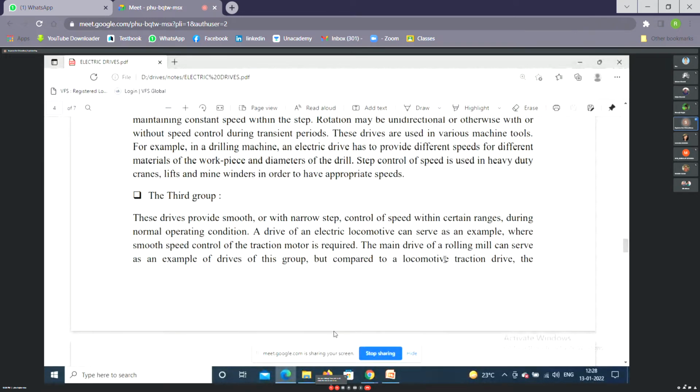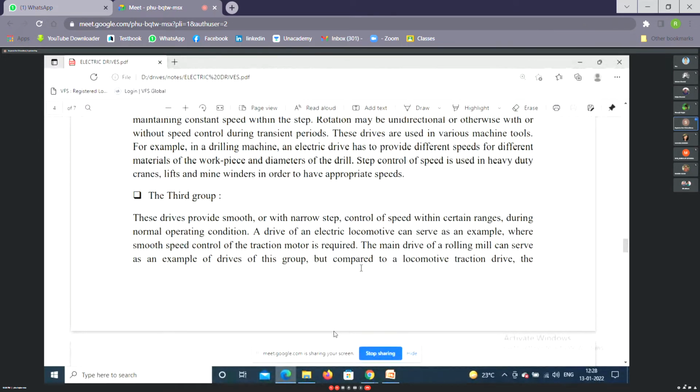The drive of an electric locomotive can serve as an example, where smooth control is needed, because for electric traction motors, the motor control should be such that the speed change is very smooth, because the comfort of the passenger is very important. So it should be in such a manner that the passenger within the train does not feel any discomfort.